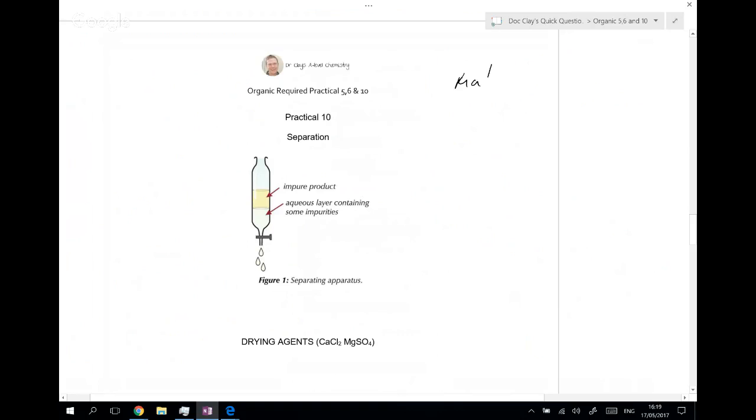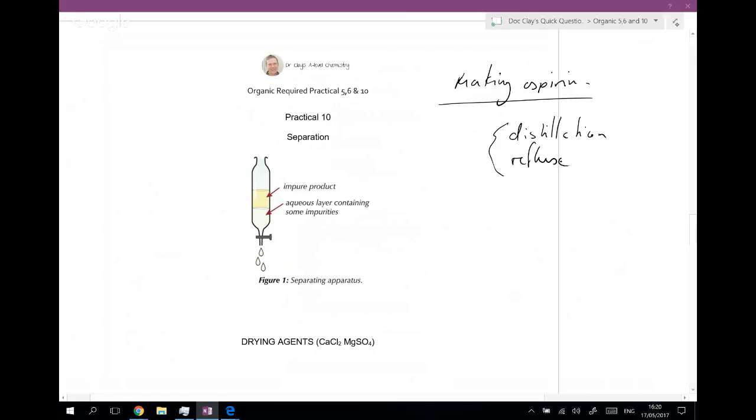Key things that you probably will have done in that process are a distillation and a reflux. Those are essentially synoptic, in the sense that you should be able to recall how you do the distillation and how you do the reflux that we've just seen from required practical 5. I'm not going to go through those again.